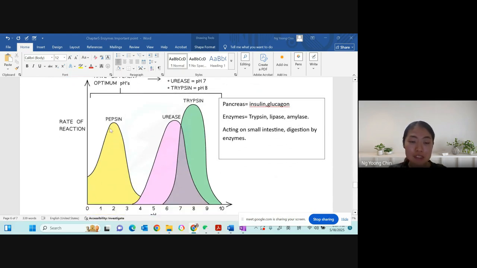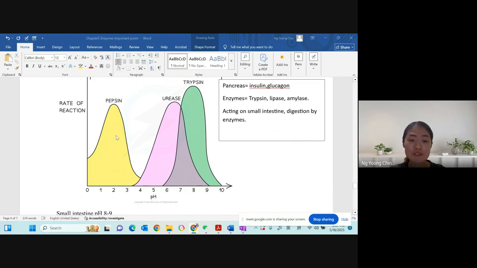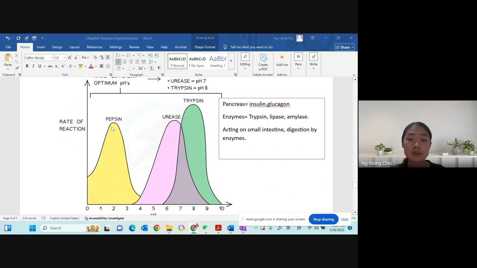So you can see this pH curve shows the enzymes. Here we have three different enzymes: pepsin, urease, and trypsin. Each enzyme has its own optimum pH. Pepsin's optimum pH is about pH 2. Urease's optimum pH is about pH 7, because around pH 7 the enzyme has the highest activity.